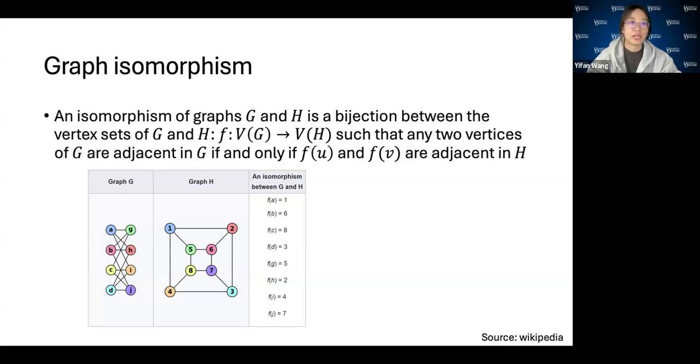This graph shows an example of graph isomorphism between two graphs, graph G and graph H. On the right-hand side, we see the isomorphism mapping between these two graphs. The function f specifies how each vertex in graph G corresponds to a vertex in graph H.